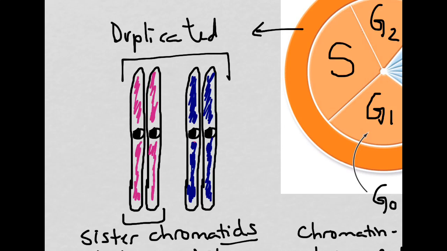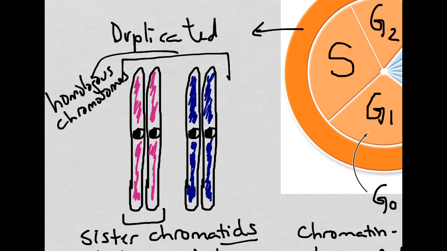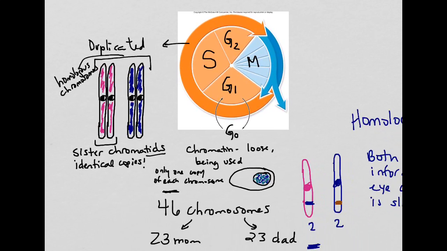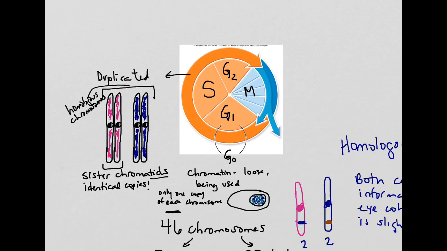So these guys are homologous, because we got one from mom and one from dad. All right, as we go into G2, there's no change in what the chromosomes look like.